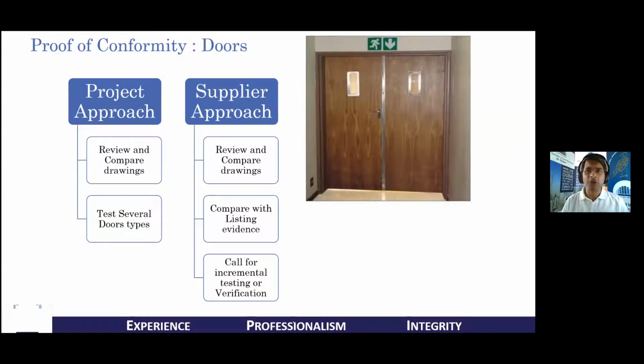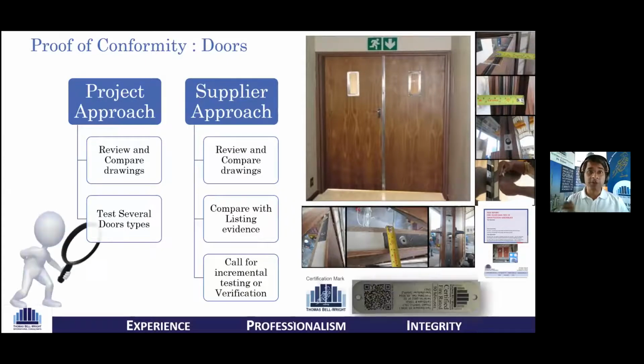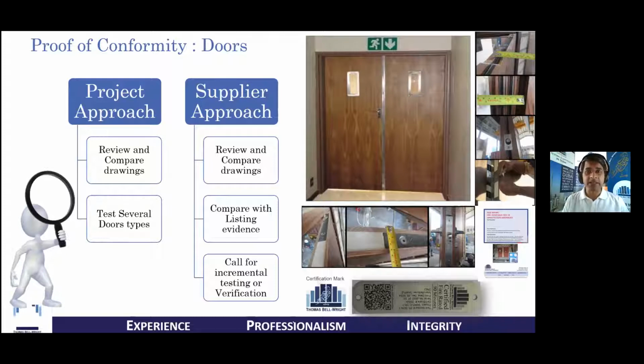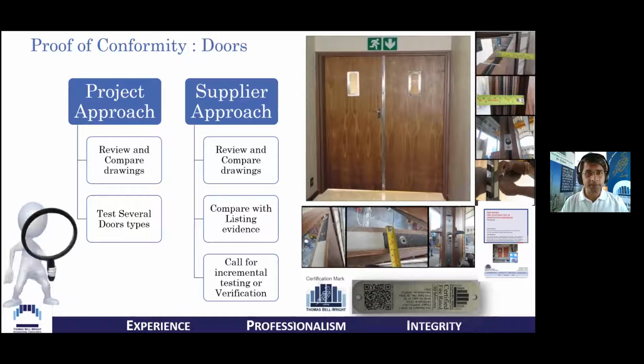Let's say if you have 400 doors, which are of 56 types, then all of these are carefully reviewed and all of these have to be tested. Otherwise, how will you get an assurance? And the other method is where you get a certification and listing, not just a test report, which has all the data which needs to be verified respectively at every installation in the whole project.